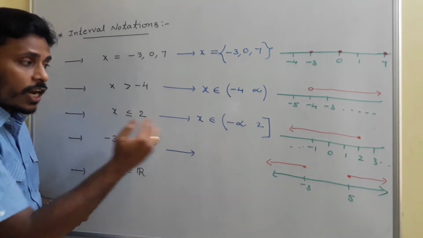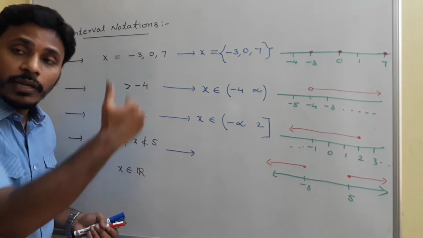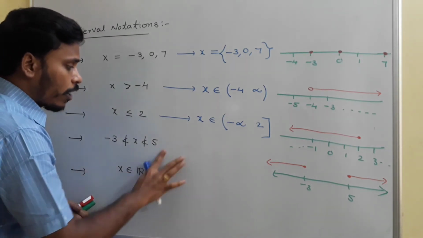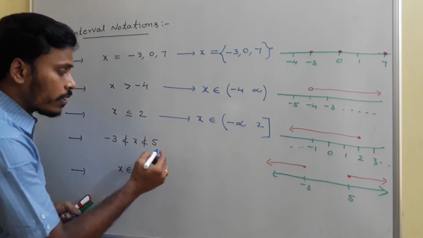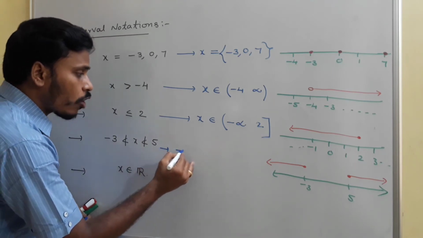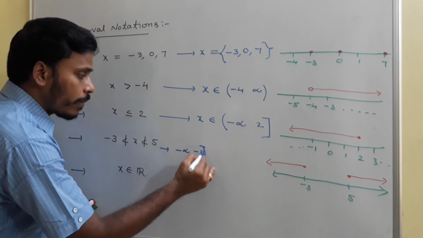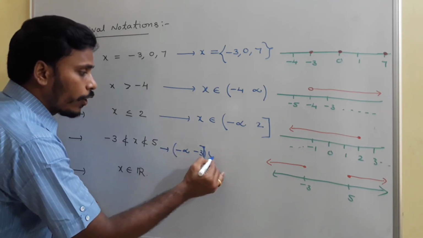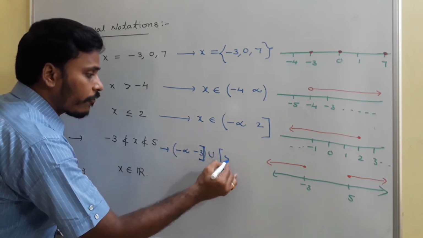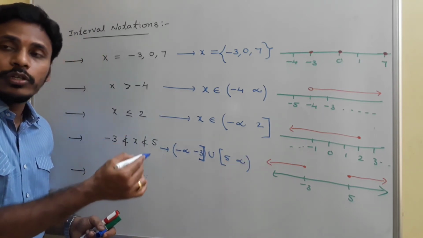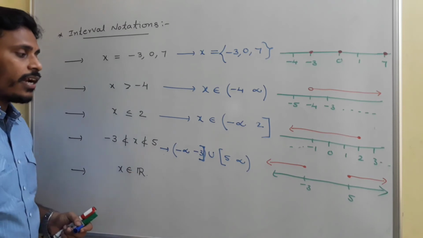It is the left side of minus 3 or it may be the right side of 5, and that's why as an interval we need to write in such a manner, okay? The solution may start from minus infinity to minus 3. Since minus 3 is included, closed bracket, union, the solution starts at 5 and goes on to infinity. So minus infinity to minus 3 union 5 to infinity is the interval notation, okay?